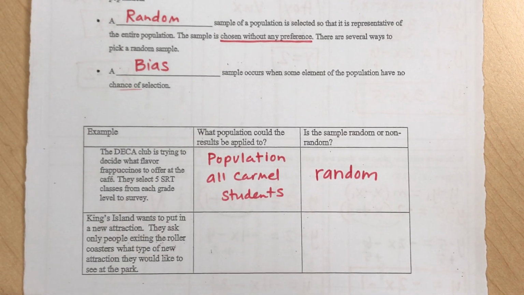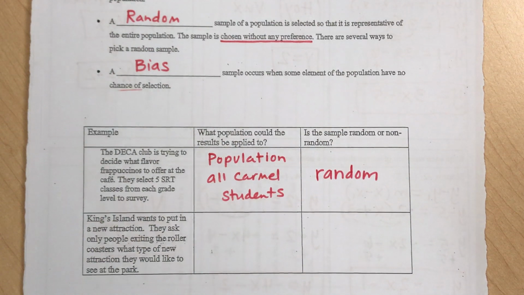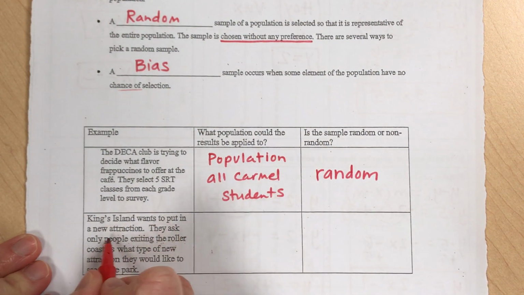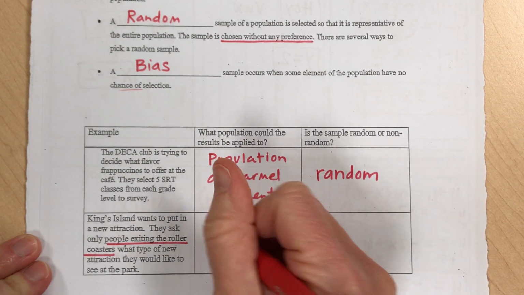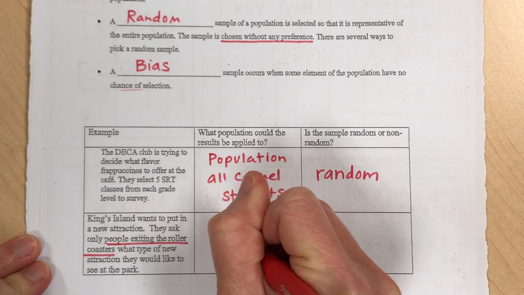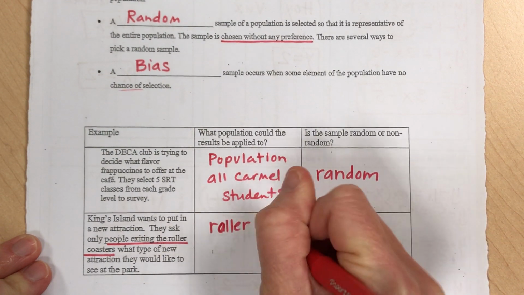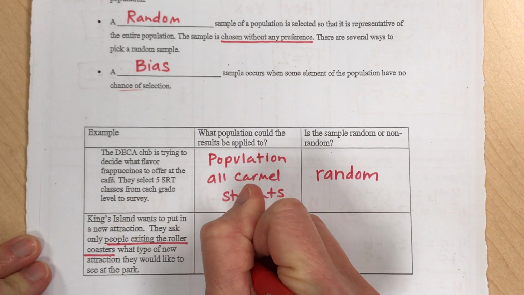The next example says that Kings Island wants to put in a new attraction. They ask only people exiting the roller coaster what type of new attraction they would like to see at the park. So if they're asking people exiting the roller coasters, all that you can know about is roller coaster riders.